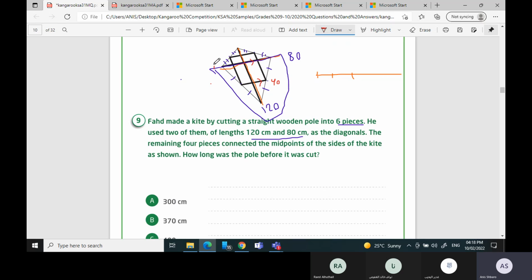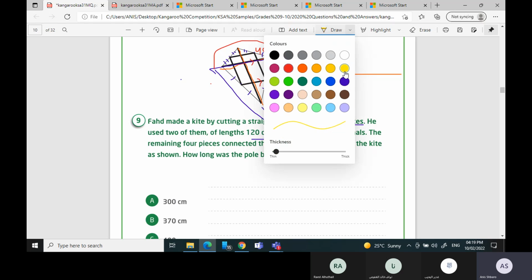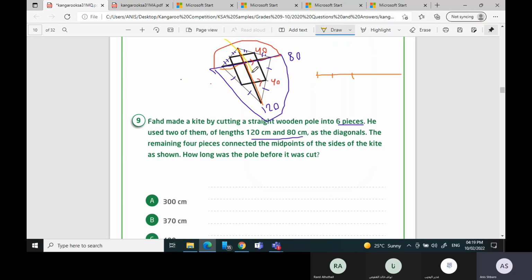And we're going to do the same work because I have also a triangle. Now look at this. This side is equal also to half of this side. So of course, this side is equal to 40. Okay, now let me change my work. I'm going to study another triangle.